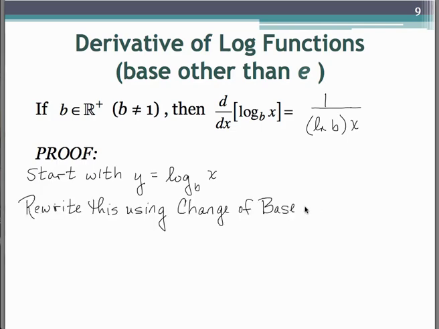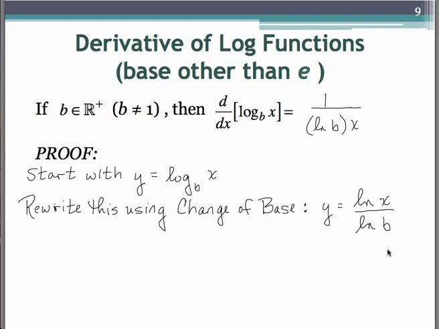Remember how the change of base formula goes, we're going to change it to a base of e so we can make use of those natural log rules. We would have natural log of x over natural log of b in accordance with the change of base formula. Now remember, b is a number. So therefore natural log of b is a number.